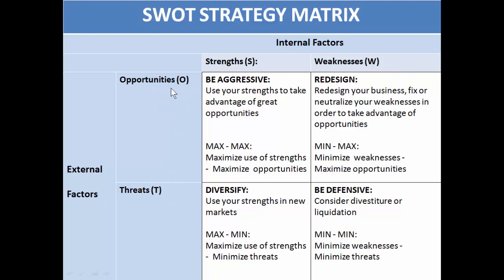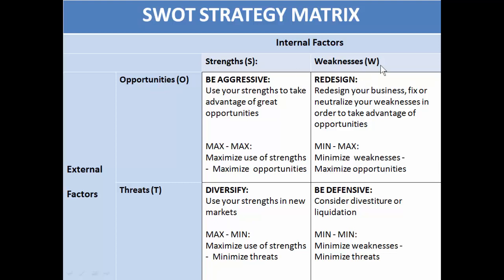So you've already listed your strengths and weaknesses and opportunities and threats, and then you try to see how you can leverage your opportunities with your strengths, and maybe what are the weaknesses that you need to fix or redesign your practices in order to take advantage of your opportunities.